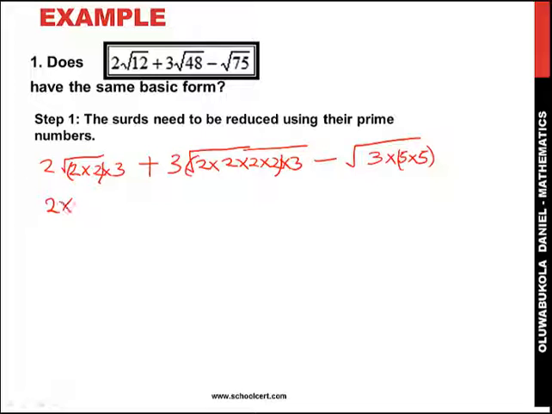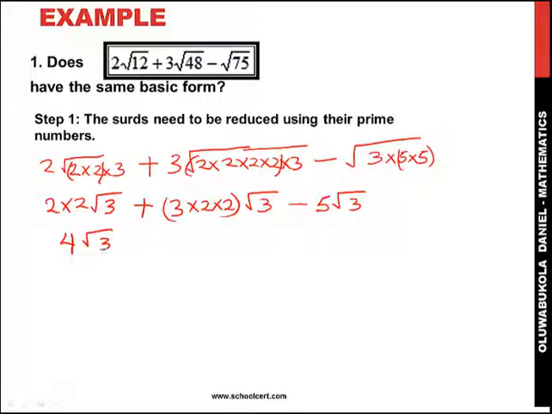So we'll have 2 times 2 root 3 plus 3 times 2 times 2 root 3 minus, so we have 5 root 3. So we can also just multiply this out, and this gives 4 root 3 plus 12 root 3 minus 5 root 3.